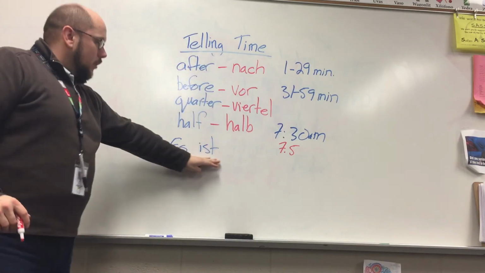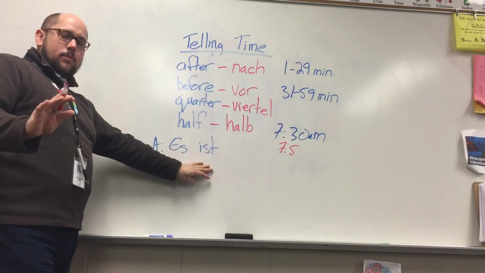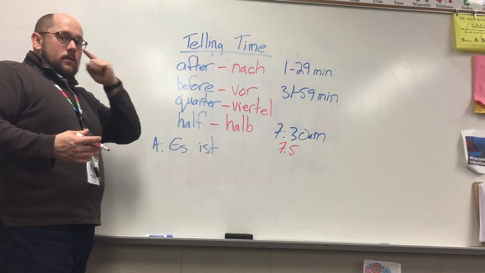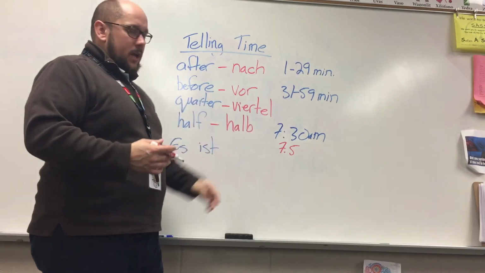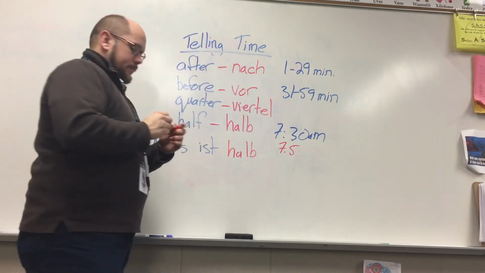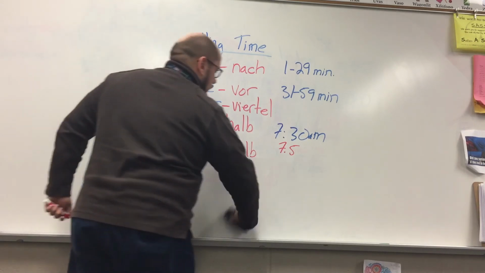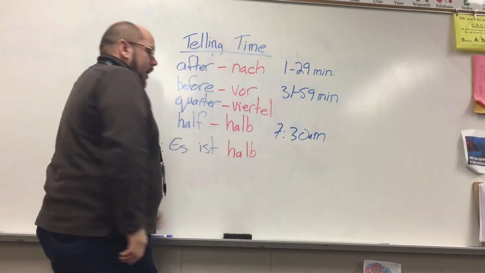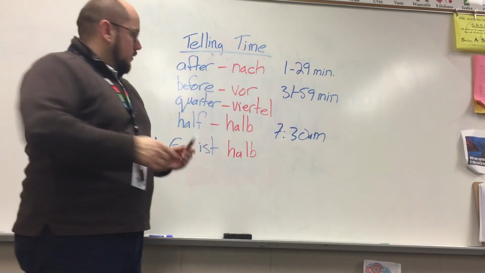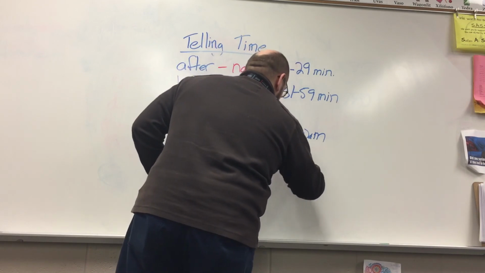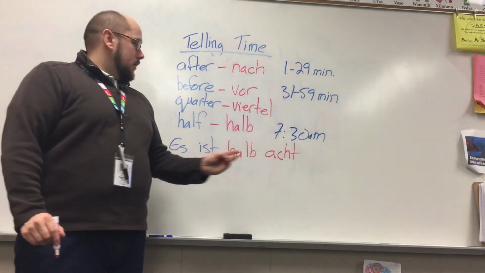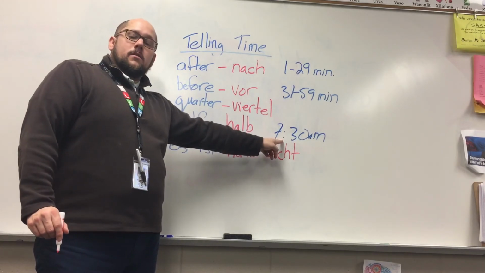So every time expression that you write, or when you're telling the time, all of them are going to start with es ist. If we're doing 7:30, halb, that's the next word we're going to have. So it is half of, and what's our next hour? After 7 comes, of course, 8. Es ist halb acht. That means it's 7:30.